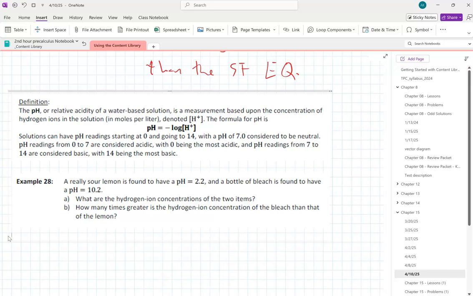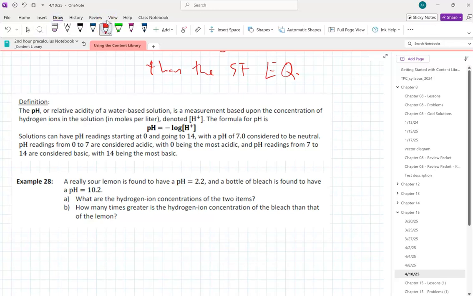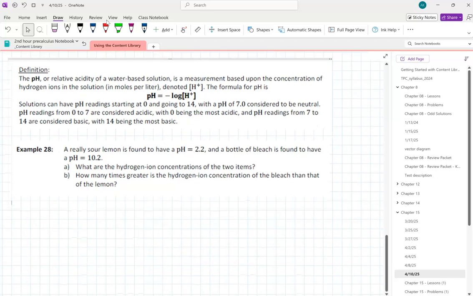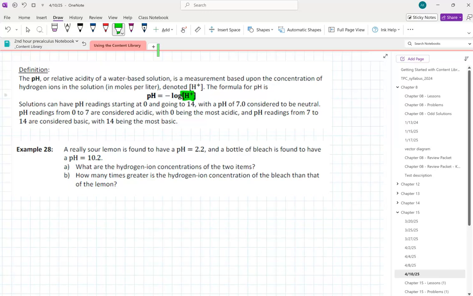So our formula, the pH is equal to the negative log of the concentration of hydrogen ions in a compound. So this little symbol here, when you put the brackets around an element with a plus or minus on it, you're talking about the ion, and the brackets around it are the concentration of. These are all chemical terms that you don't really need to know.